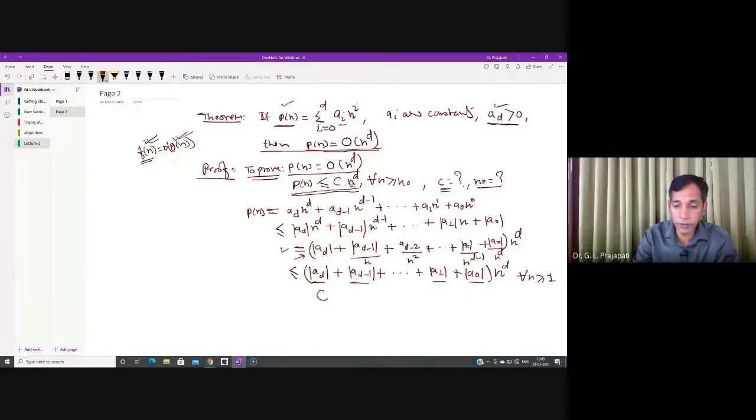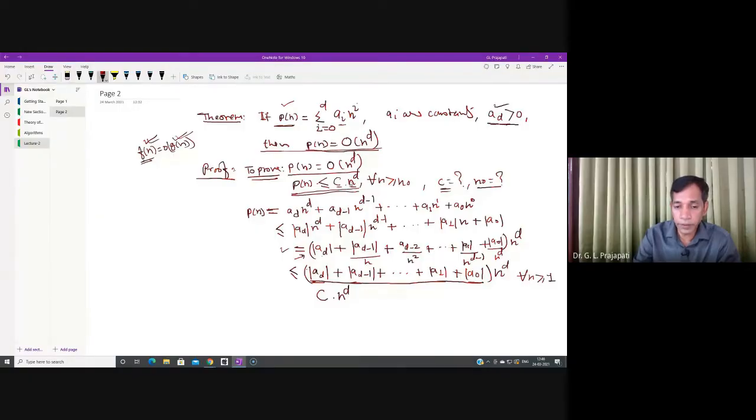And we know that in the definition c is a positive constant, and here c is equal to |ad| plus |ad-1| plus and so on, up to |a1| plus |a0|. So c is actually this, and you just write n to the power d.